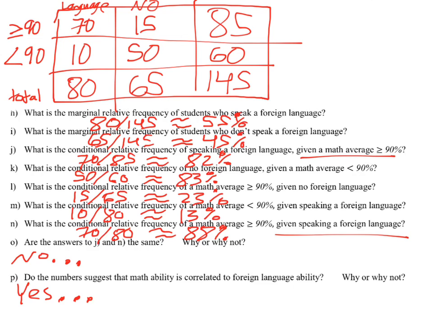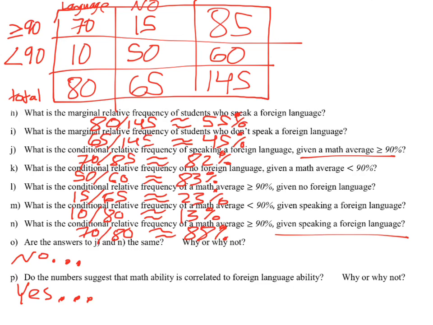So on J, you're talking about of all the people who have a math grade of 90% or more, what percent speak a foreign language, and then the other one, you're saying out of all the people who speak a foreign language, what percent have 90 or above in math for their average. And those are different questions.